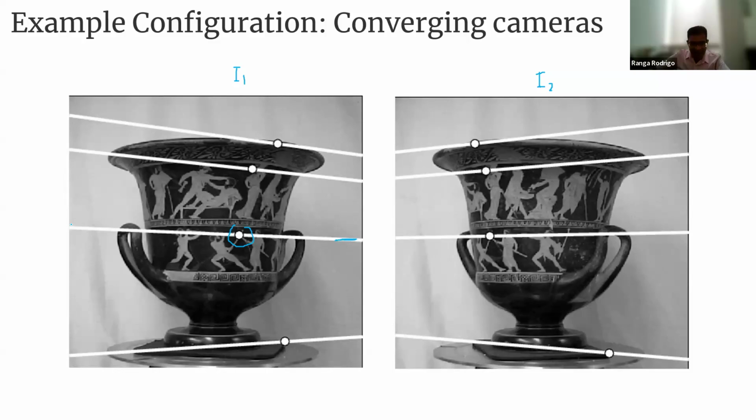This epipolar line matches with this epipolar line, corresponding to the same 3D point. So if you take a 3D point on one epipolar line, it appears on the other epipolar line. This same point is on the corresponding epipolar line.